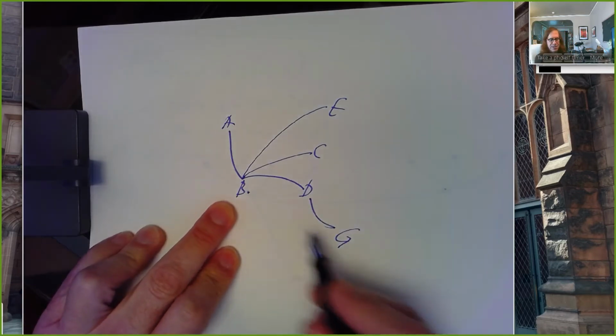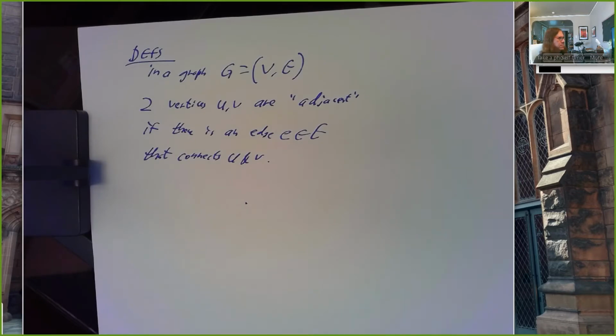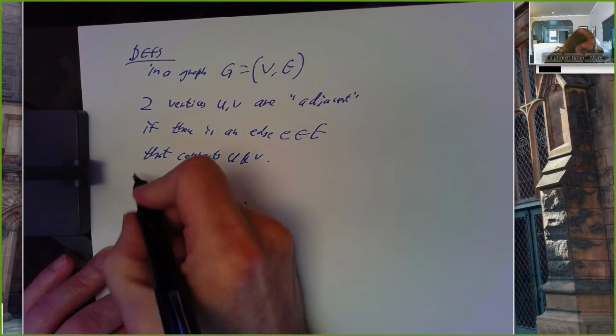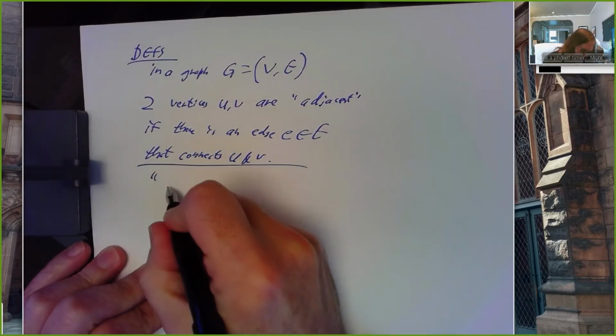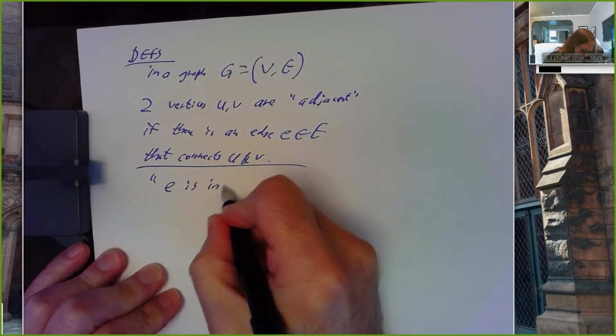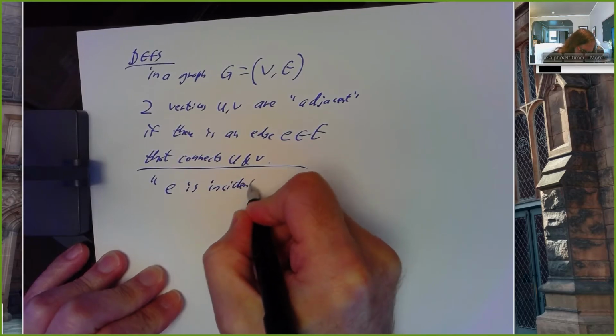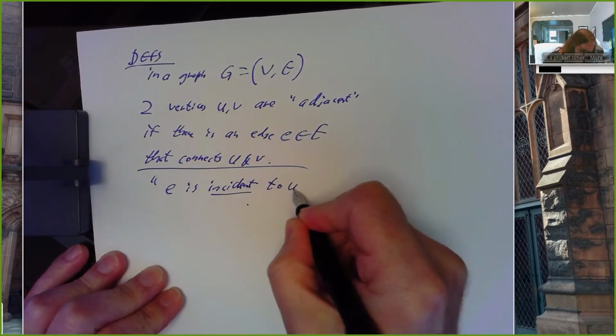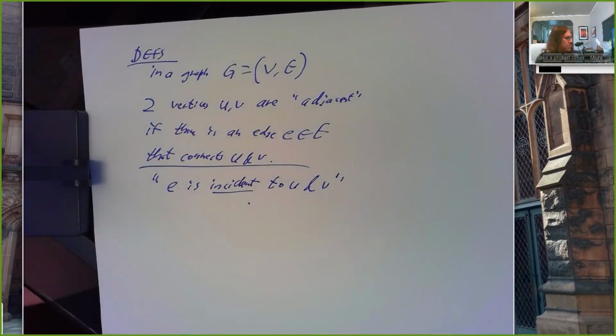There's no single edge connecting them. And if this is the case, we can say E is incident to U and V. Just means it connects them.